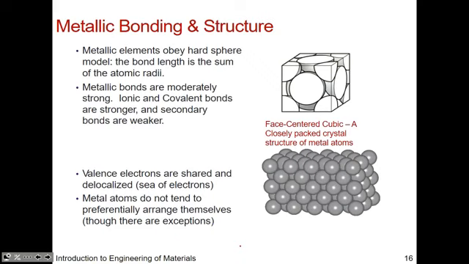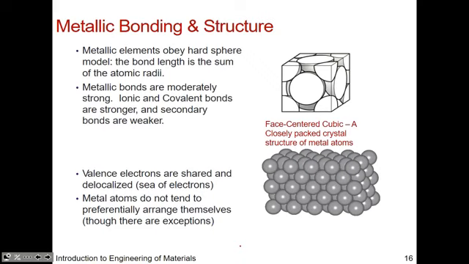Metallic bonds are moderately strong, as is mentioned. The ionic and covalent bonds are stronger, and of course secondary bonds are weaker. The electrons are shared, so this goes back to the delocalized electron model, and they don't really have a preferred orientation in the way covalent bonds do.